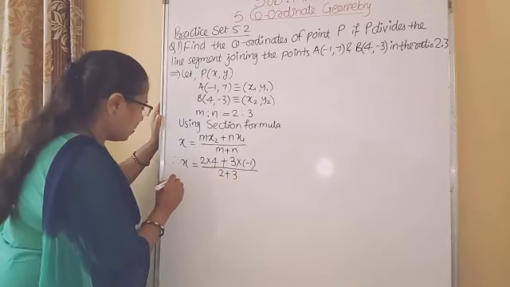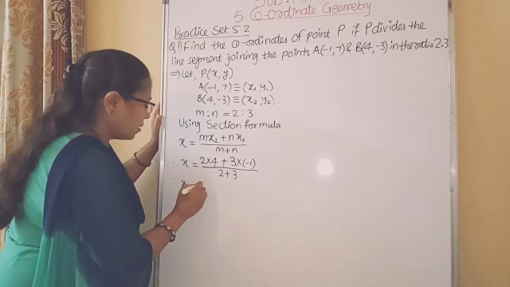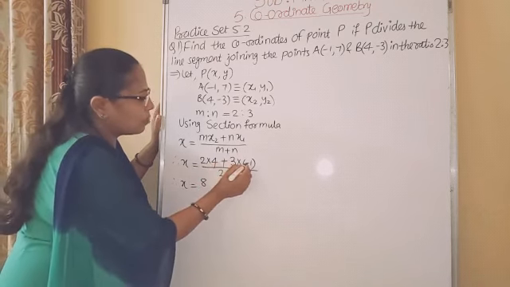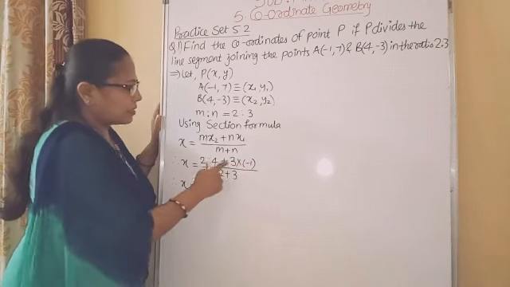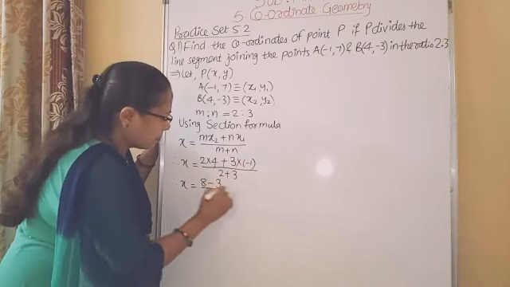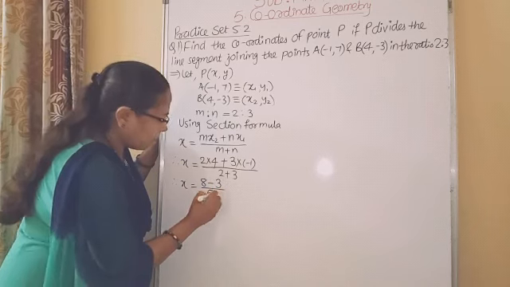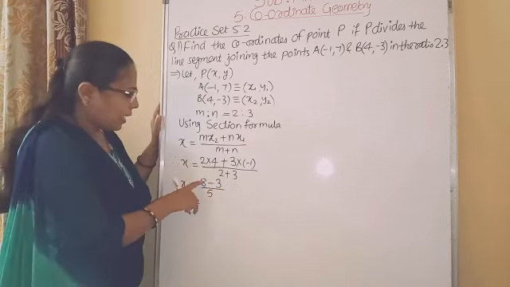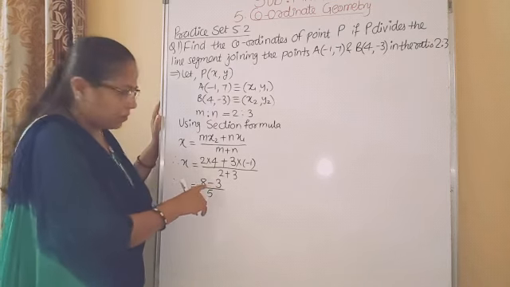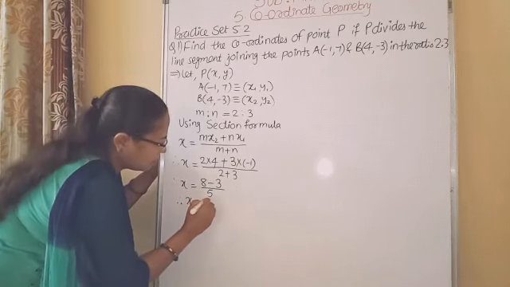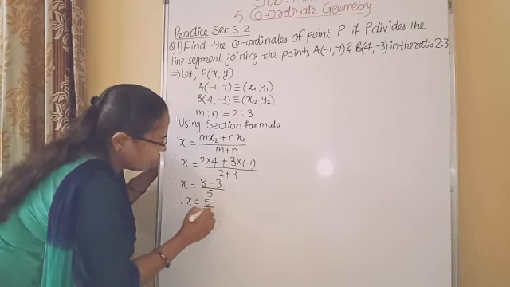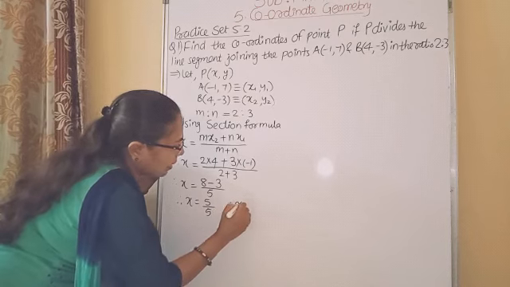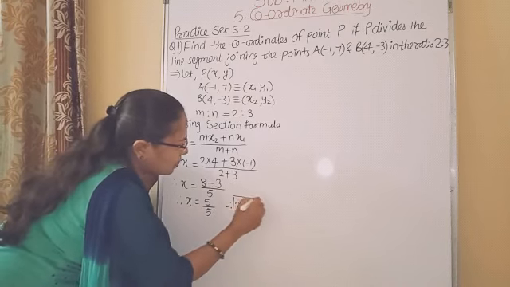Followed? Therefore, x is equal to, now multiply, 2 fours are 8 plus 3 into minus 1 is minus 3, upon 2 plus 3, 5. Therefore, x is equal to 8 minus 3, 5, 5 upon 5. So 5 upon 5 is 1. Therefore, here we will get x is equal to 1.